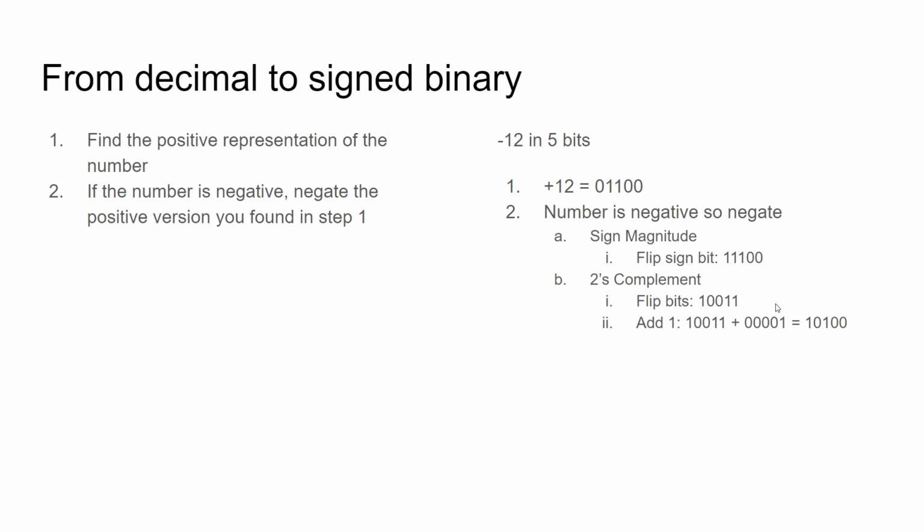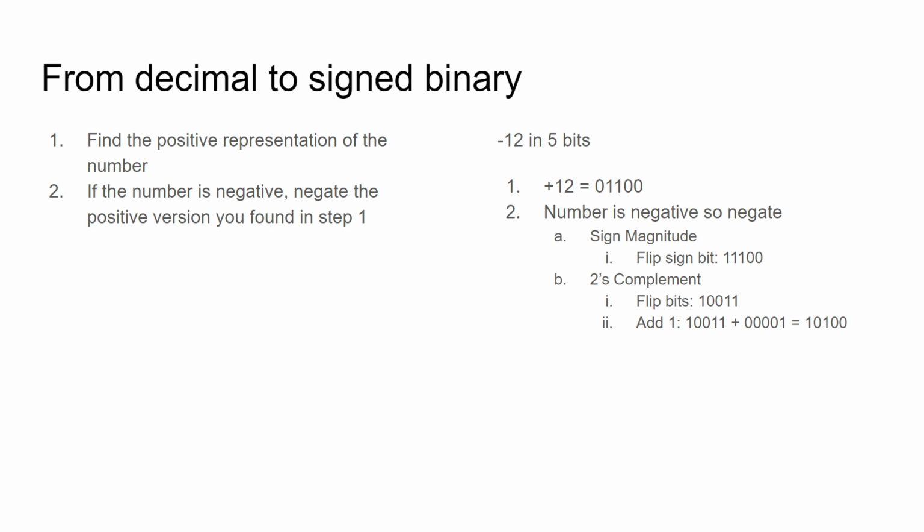So 1 plus 1 would be 0 with a carry of 1. So we get 0 here. We carry the 1. So 1 plus 1 is 0. We carry the 1. 1 plus 0 is 1. And then we have 0 plus 0 plus 1. So we get 1, 0, 1, 0. So that's how you'd represent negative 12. Using 5 bits.